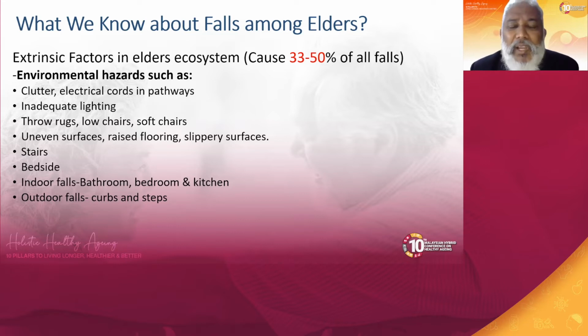So the environmental hazards are common, like clutter, inadequate lighting, rugs that we use which are not suitable, the stairs in our homes which are double story or apartments, and also the bedside falls, and then the indoor falls like bathroom, bedroom, and kitchen, which are slippery, and then also the outdoor falls which are curbs and steps.